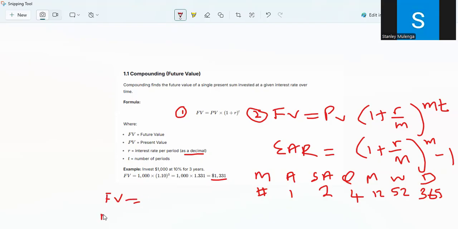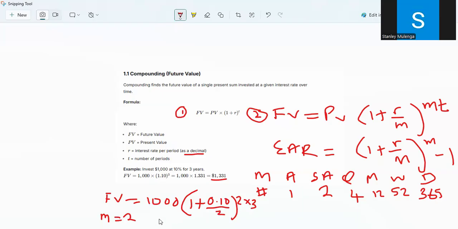So semi-annually meaning our m is equal to 2. We're together. So here our present value will be 1,000, times 1 plus r. Our r interest rate is what? 10%, over m. Our m is semi-annually, 2, power 2 times 3 years.